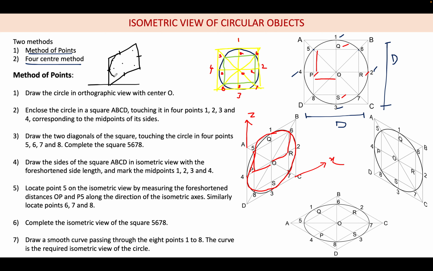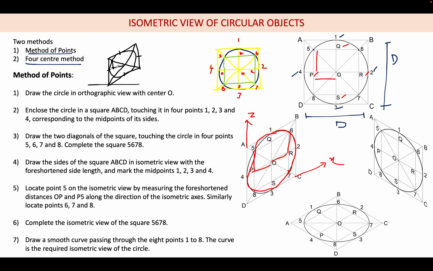So this is 1, 2, 3, 4 and 5, 6, 7, 8. How I got this: first of all, this will be along the diagonal. So how I am going is, I am measuring along this direction up to OP, and then vertically above I am measuring P5.